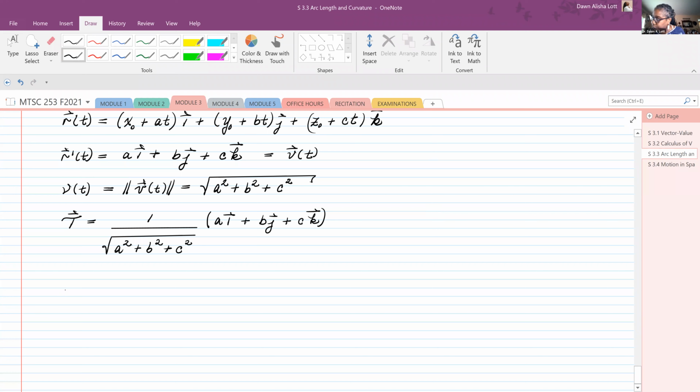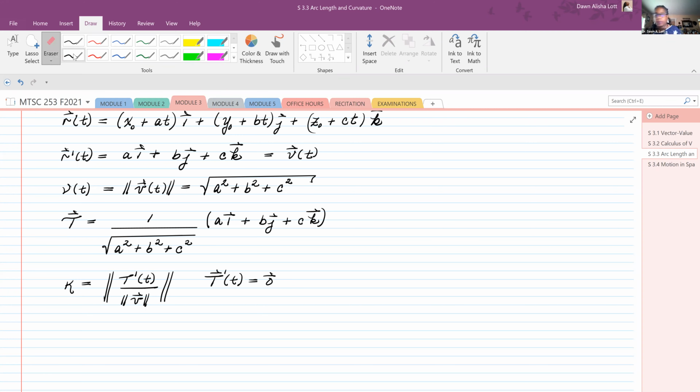What's the curvature? The curvature says find the length of T prime of t over the length of v. But T prime of t is 0i plus 0j plus 0k.